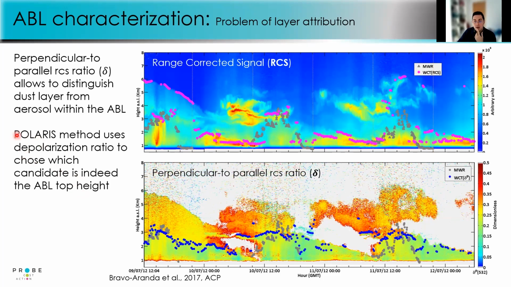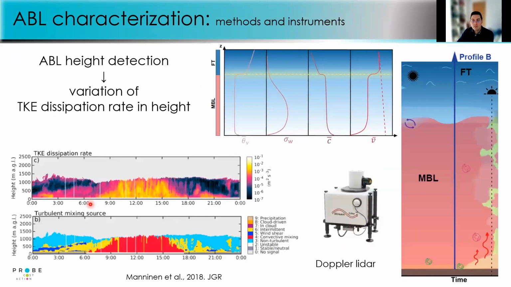This method is Polaris, and it uses the wavelet covariance transform applied to the polarization ratio.